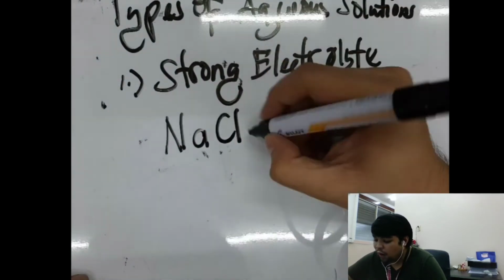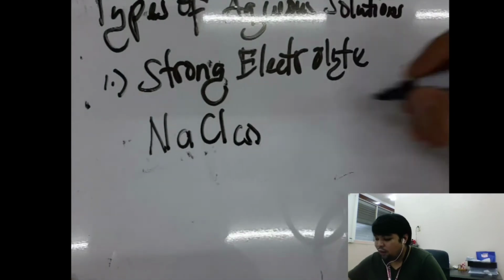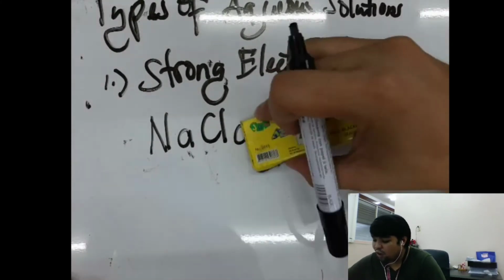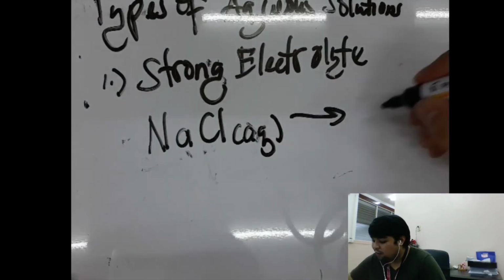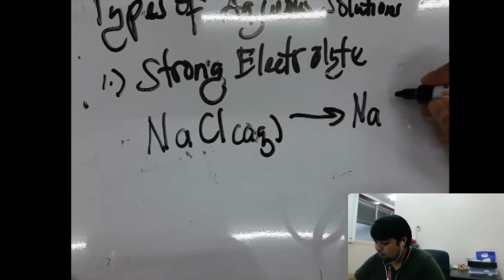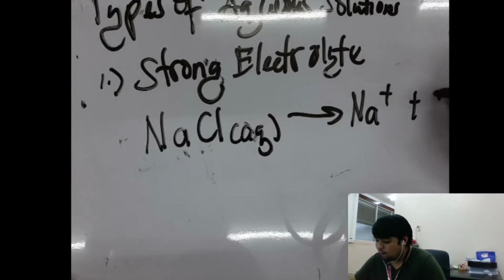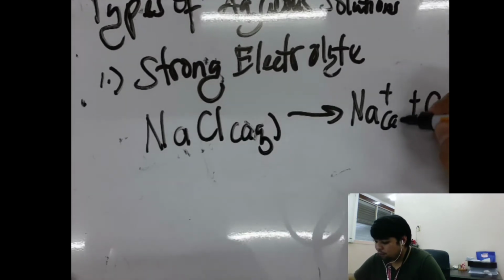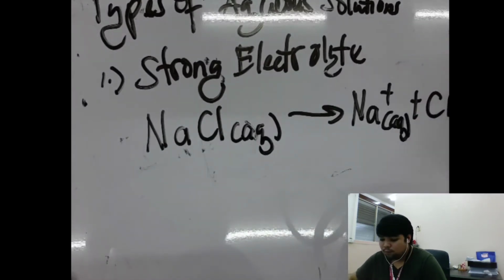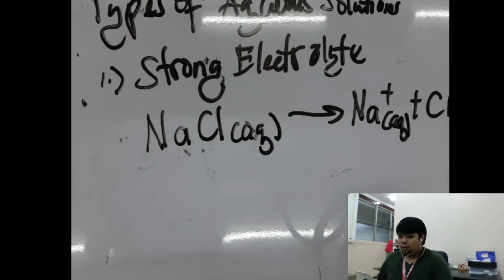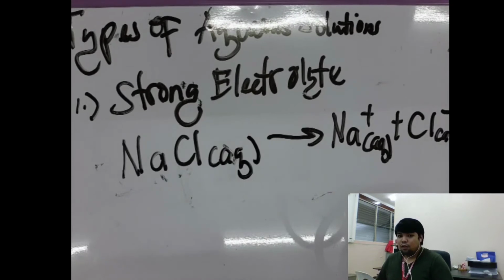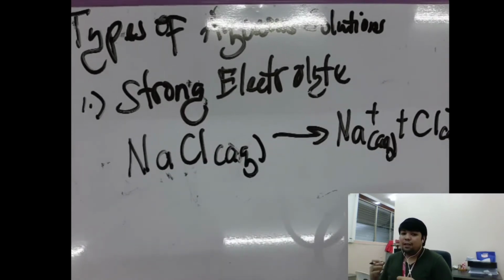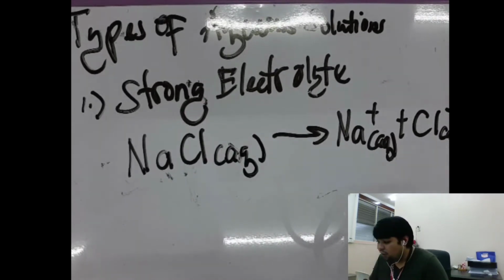When sodium chloride is in aqueous solution, it dissociates into its respective ions completely. So they dissociate completely in water.